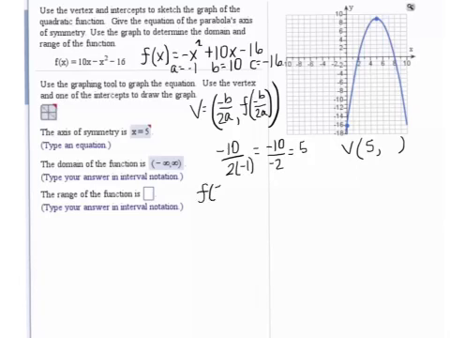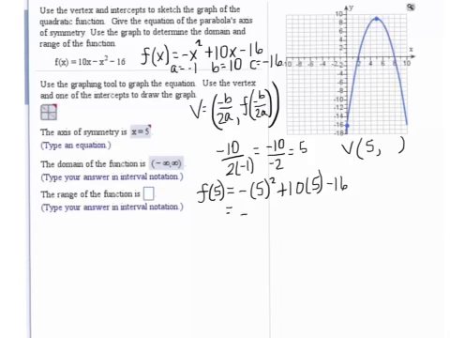So instead of x, I'm going to replace it with a 5 and find out what y equals there. So I have negative, and I'm putting in a 5 instead of an x. So negative 5 squared plus 10 times 5 minus 16. So I'm going to evaluate this, and that'll tell me what the y-coordinate is.